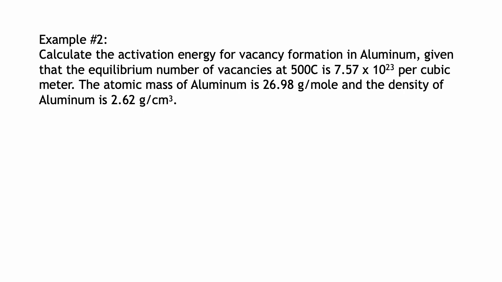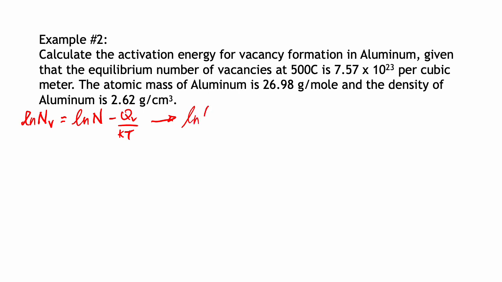So I know I'm going to use that form of the equation that becomes linear, and I'll write that again here. Natural log of N sub V is the natural log of N minus Q sub V over KT.